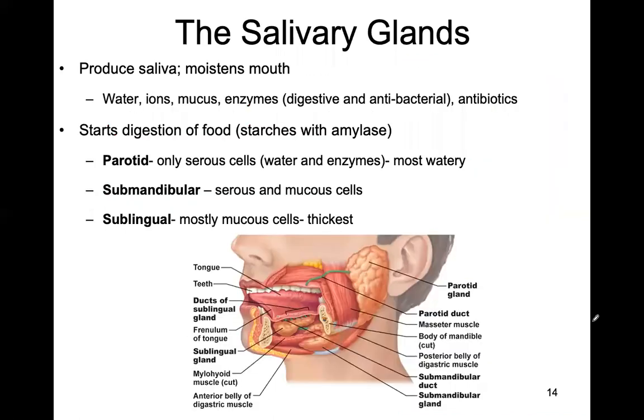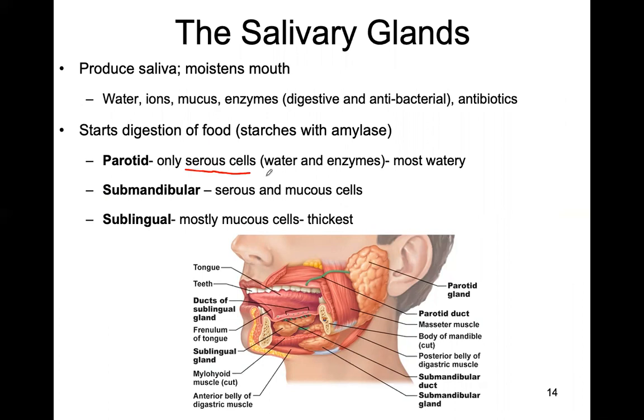Looking at the salivary glands, which are another accessory gland within your mouth, we have three types of salivary glands. The ones that are located on the side of the mouth are called the parotid glands. They contain a specific type of cell called serous cells, and these cells are producing a very watery saliva. And I always tell my students to think about it.